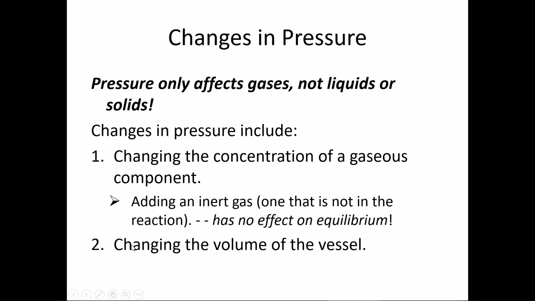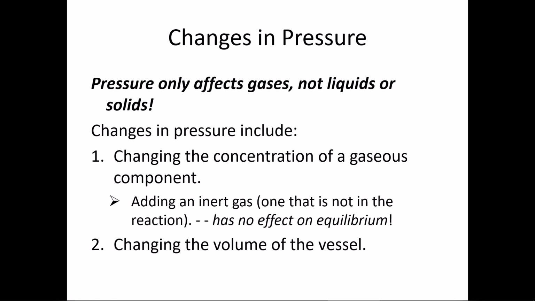Alright, so what's going to affect the pressure? So I can change the concentration of any gaseous component. So I can add or take away reactant or product, even when they're a gas. Alright? But adding an inert gas, and this means adding a gas that is not part of the reaction and will not affect anything in my reaction, does not affect the equilibrium.